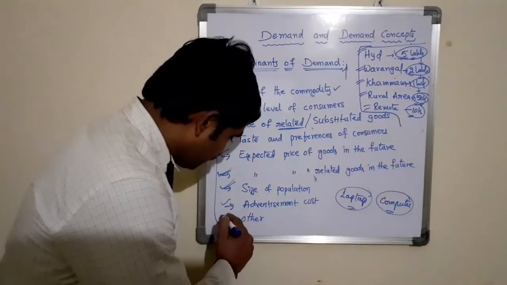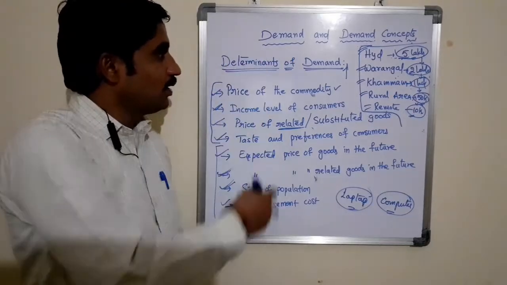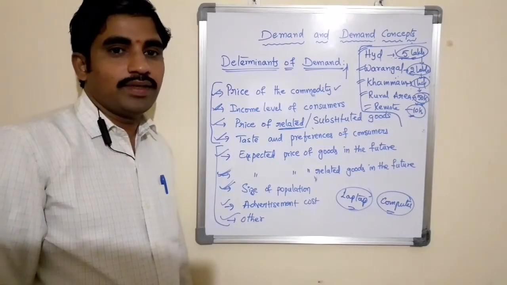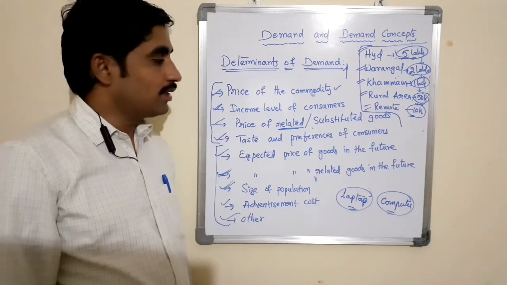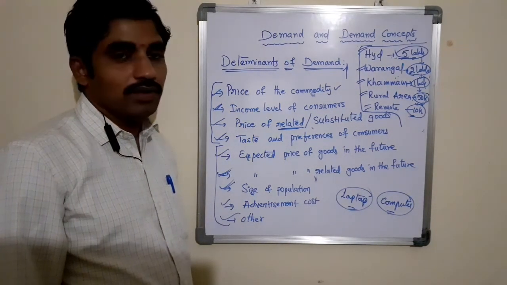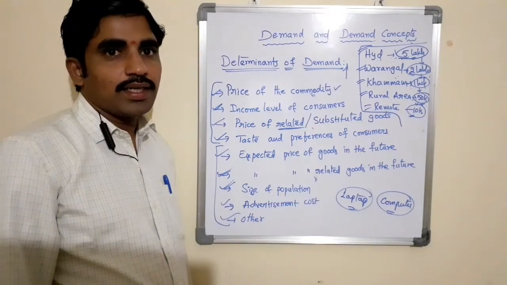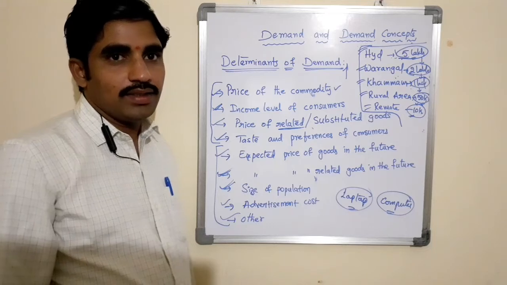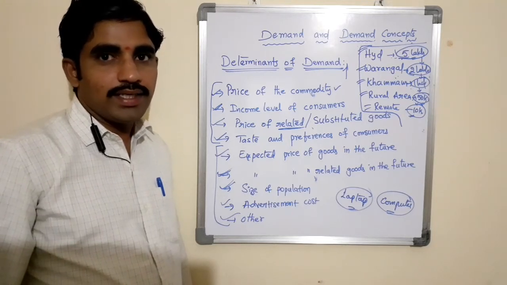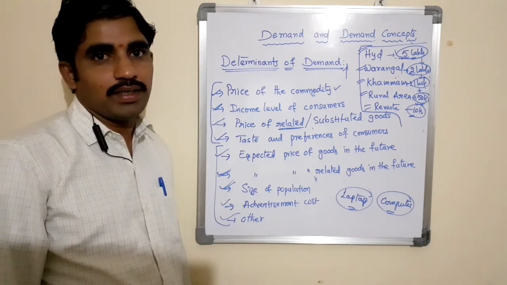Apart from these determinants of demand, there are different types of factors that are directly or indirectly influencing the demand of a commodity. That is climate and weather. The climate of an area and the weather prevailing have a decisive effect on consumers' demand.